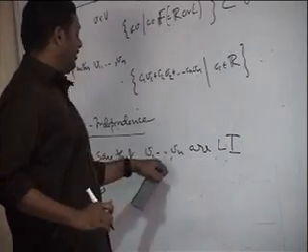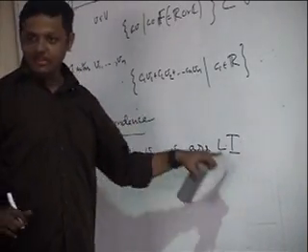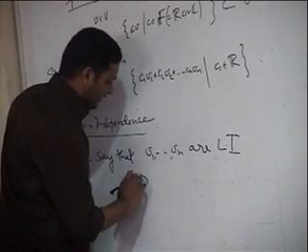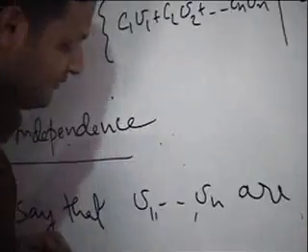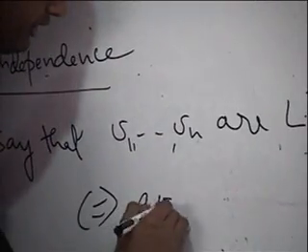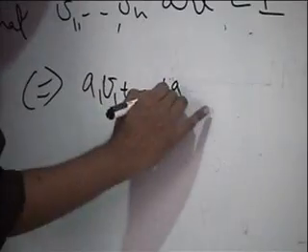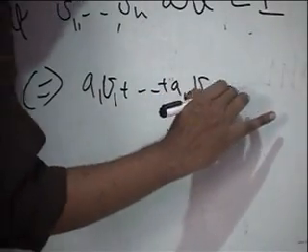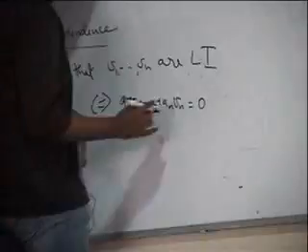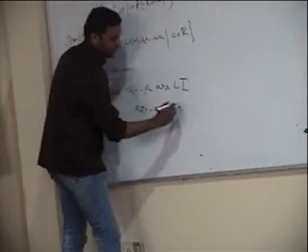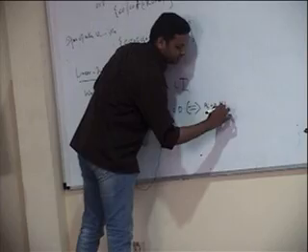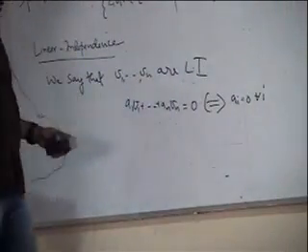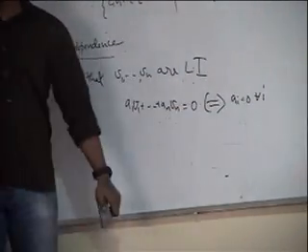We say that v1 to vn are linearly independent if and only if a1 v1 plus etc. up to an vn equal to 0 implies that ai equal to 0 for all i.